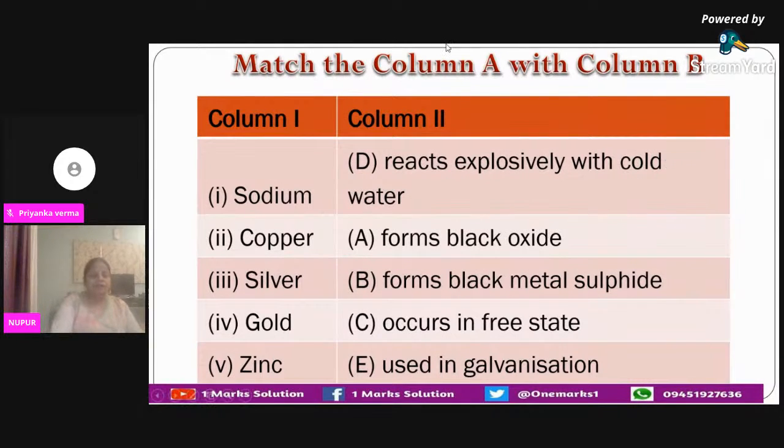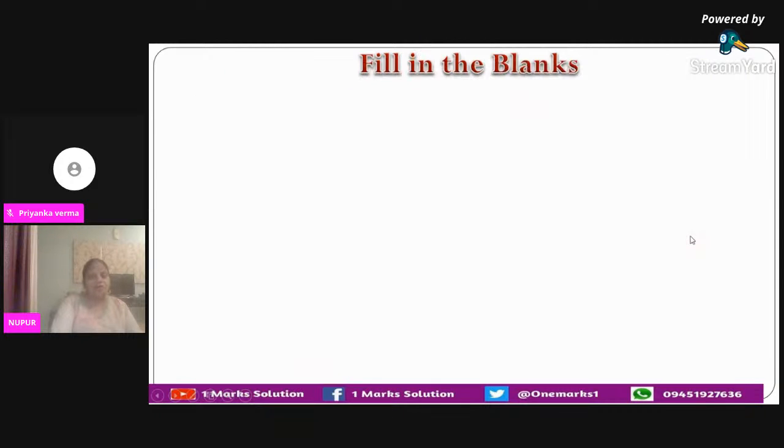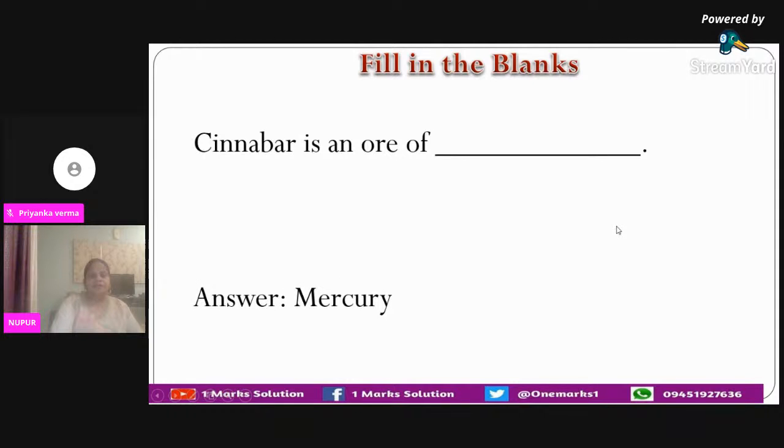Gold is the metal which occurs in free state. And zinc is used for galvanizing iron so that iron does not get corroded. Cinnabar, very frequently used, is an ore of mercury.